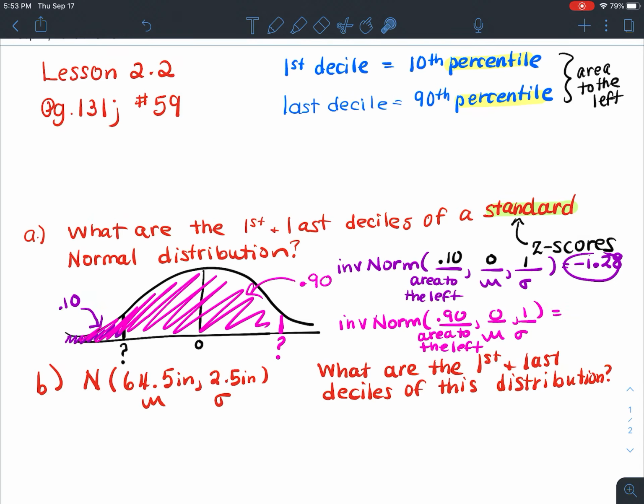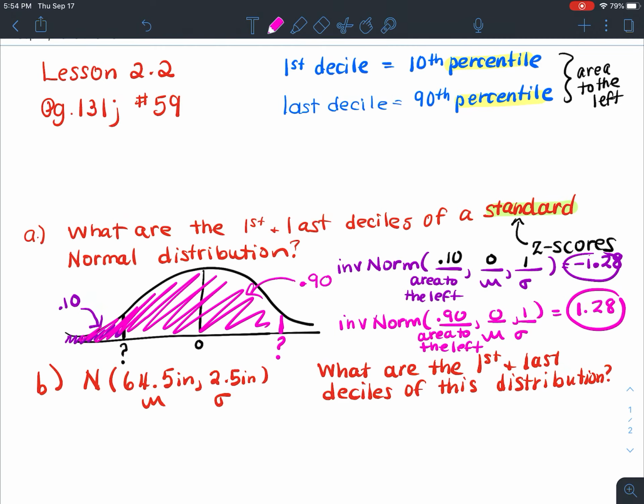And again, I know it's hard to remember to do this, but you have to write these labels underneath. You have to get in the habit of doing that, or on the AP test, you won't be given credit. So it's crucial you're writing area to the left, mu, standard deviation. We're going to type that in, and that's going to give us that the z-score is 1.28. Okay, so that answers part A.